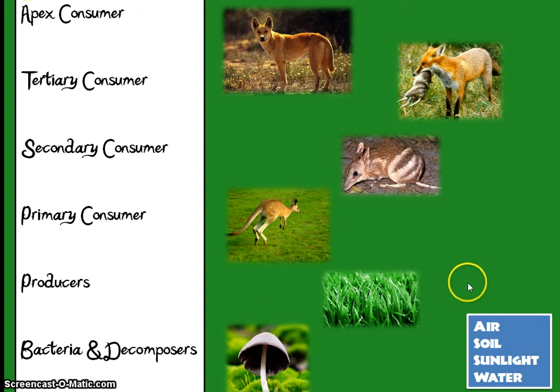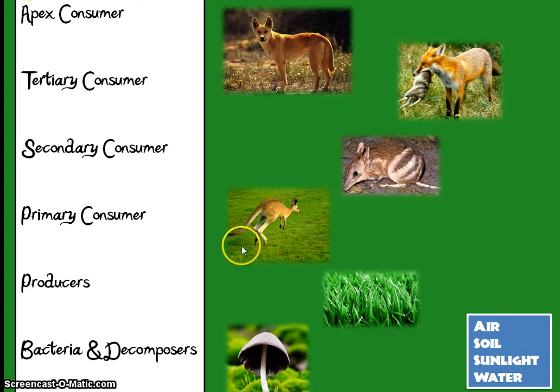So what I just want to run through first is down here in this little box, I've got our abiotic factors, so our non-living things which all contribute to the ecosystem as well, such as air, soil, sunlight, and water. And all the animals within this ecosystem and plants, all the living things, need these abiotic factors or components to help them survive.